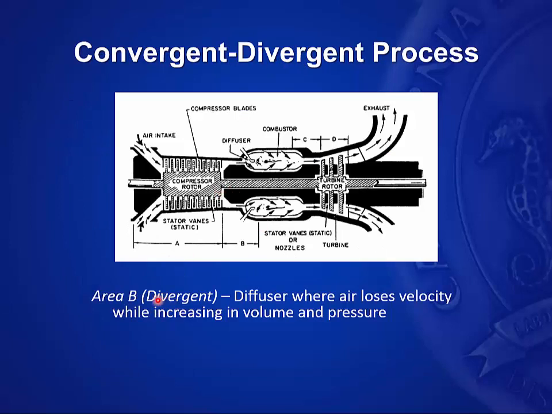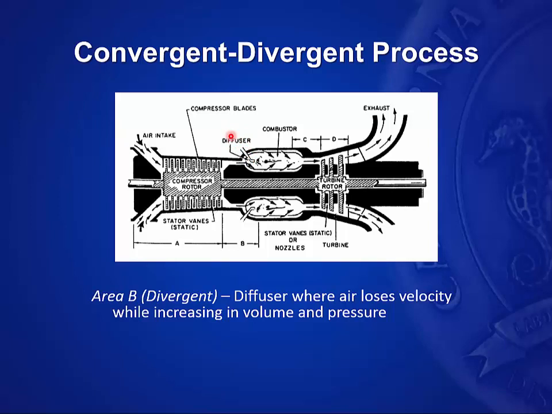So this idea again of, and we're going to this B. So A was compressor. B now is going into the combustor. And this section now is divergent. And then you can see that as we go in, it is expanding into this area. And you have a diffuser here.